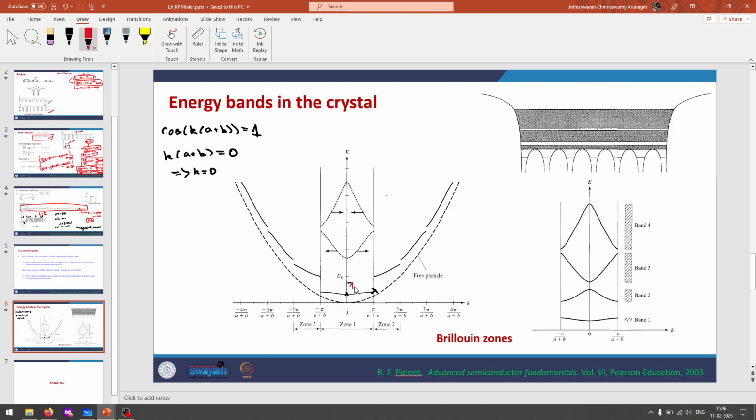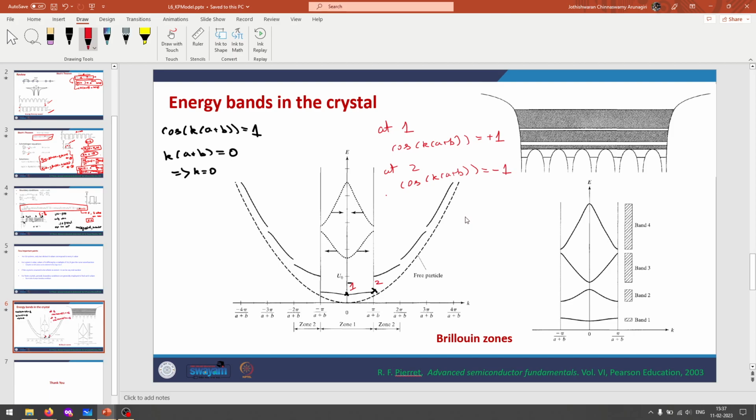Let me call this point 1 and this point 2. At point 1, I have cos of k times a plus b equal to plus 1, and at point 2, I have cos of k times a plus b equal to minus 1.